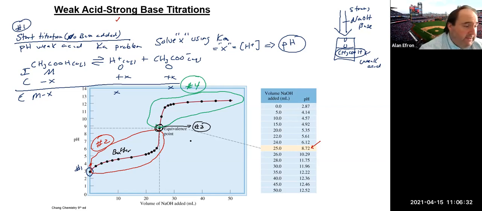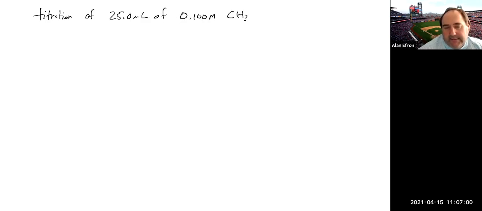So why don't we try one here to finish up on. All right, let's say we did a titration of 25 milliliters of 0.1 molar acetic acid with, let's go with 21 milliliters of 0.1 molar sodium hydroxide.